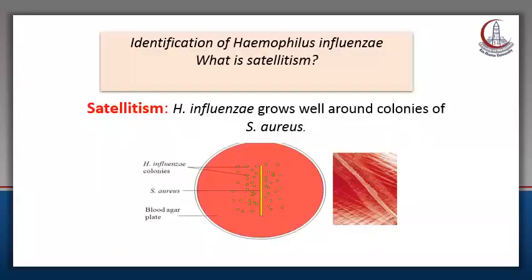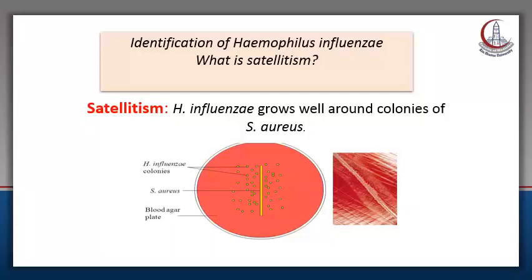If we are suspecting Haemophilus influenzae, besides inoculating the specimen on heated blood agar, the chocolate agar, and incubating it in 5 to 10% carbon dioxide, there is also a characteristic pattern for growth of Haemophilus influenzae called satellitism, which means that Haemophilus influenzae grows better around colonies of Staph aureus.